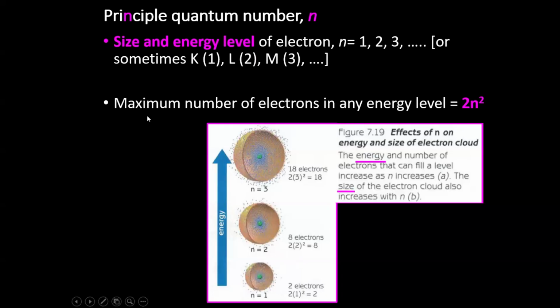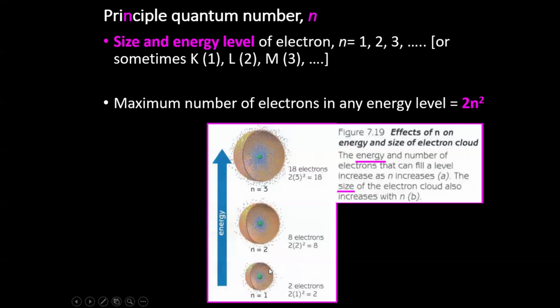Now, only so many electrons can fit in any certain energy level. As you go up the energy levels, they get bigger, so they can hold more electrons. The formula to know how many electrons maximum can fit in any level is whatever the principal quantum number N is, square that number and multiply it by 2.